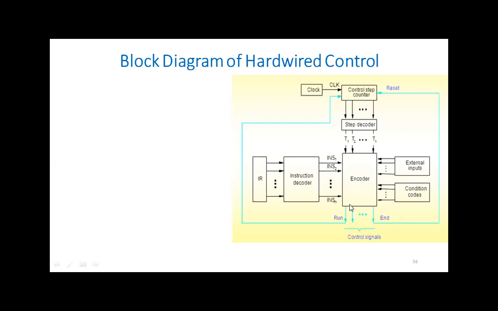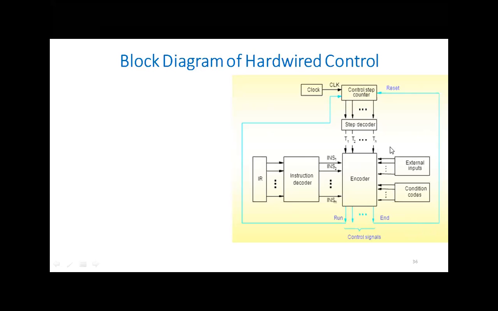And this run signal is basically used to suspend. If the run value is 1, then this step counter will be incremented to point to the next stage of the instruction execution. And if the value of run is 0, then this counter value will not be incremented, it will remain like that.